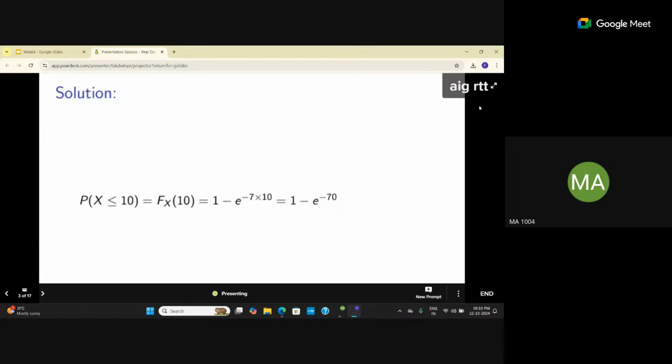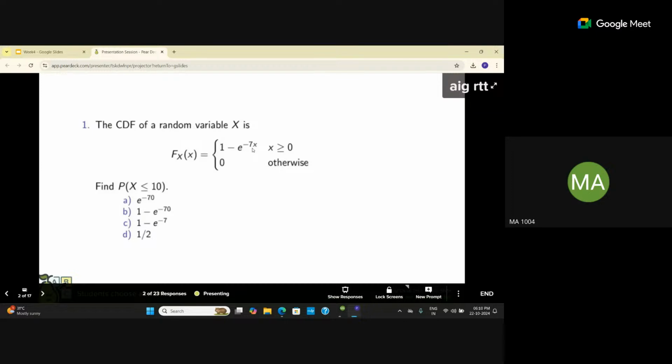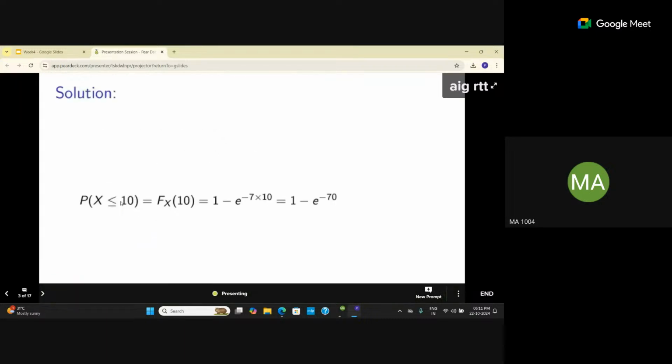Okay, let's see the solution. Here it is asking the probability that x is less than or equal to 10, which is the CDF at point 10, right? The CDF is given to you. What you have to do is put the value of x here. The CDF is given at a general point x, and you have to find it at point 10.